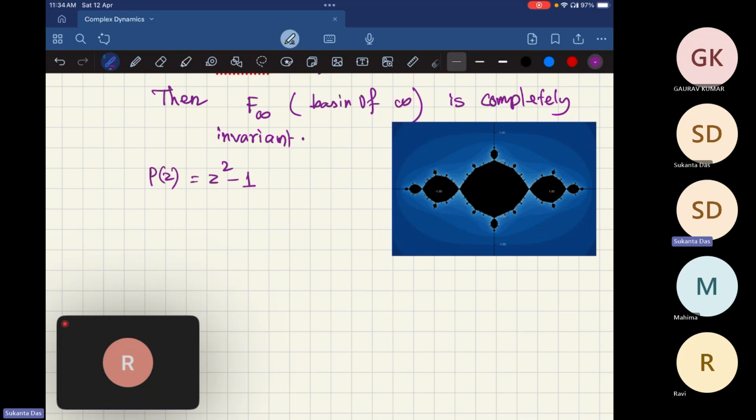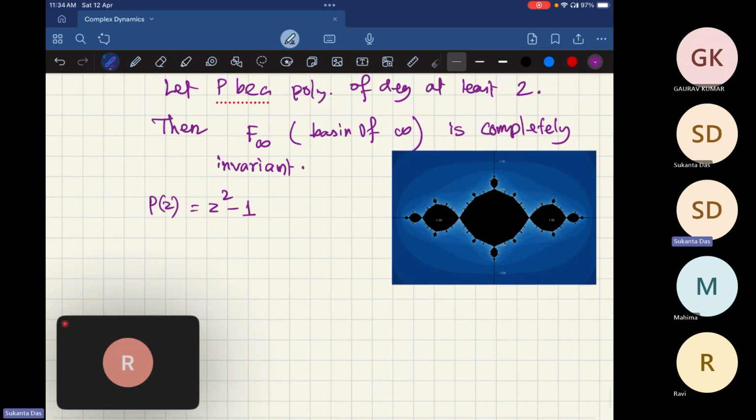Now you can see what the basin of infinity is in this case. So in this case, this blue region is basically the basin of infinity. If you take any point from here, it will go to infinity.